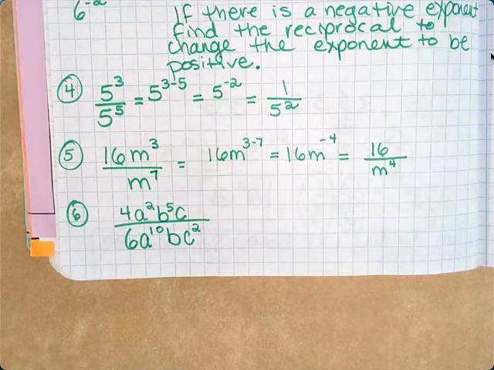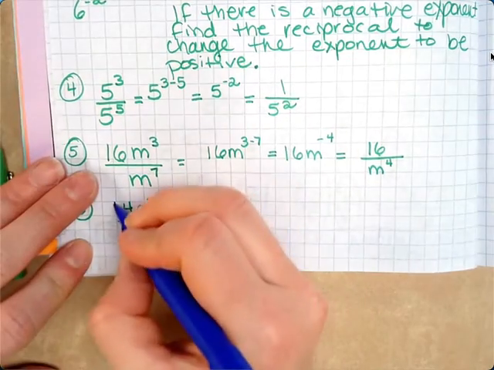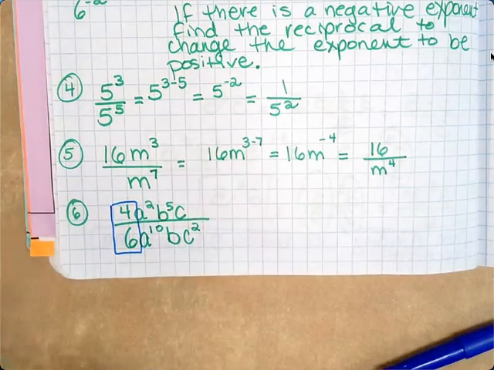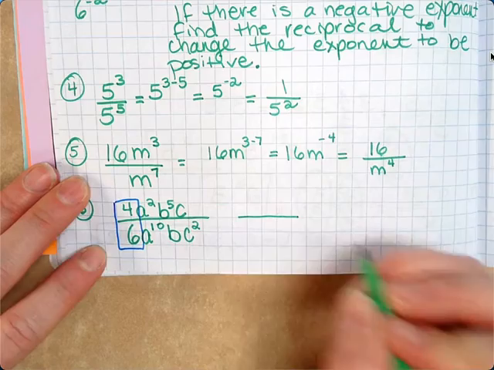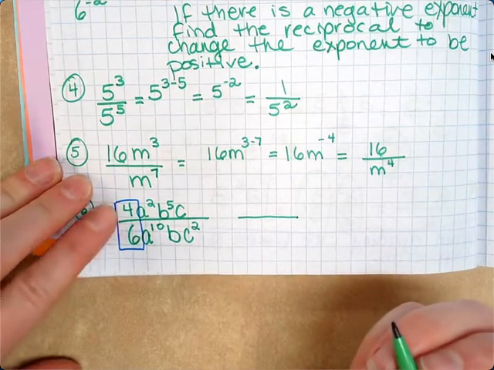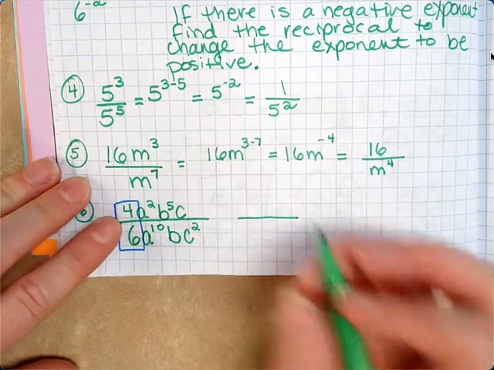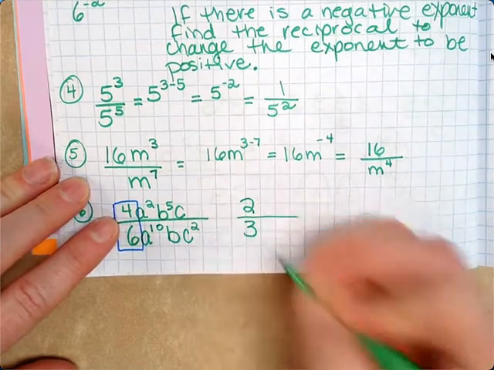I can separate them out, look at them separately. So let's look at the 4 over 6. What would that reduce to? They're both even. So what could I reduce them by? 2, which would be 2 over 3, exactly.